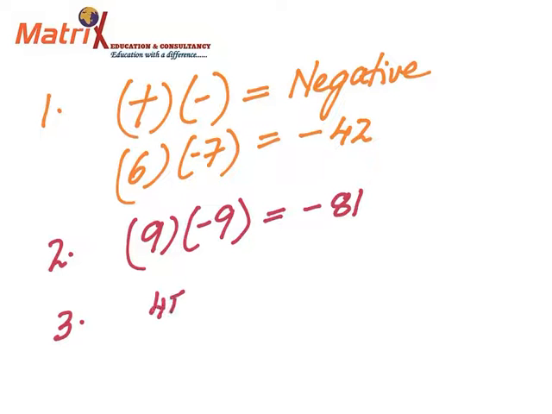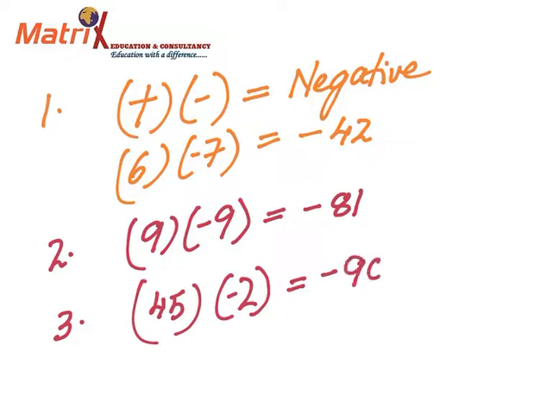I have 45 times negative 2. The answer is negative 90. Now, the second part of the rule says any two negative integers being multiplied, the result is always positive. I'll just write positive.